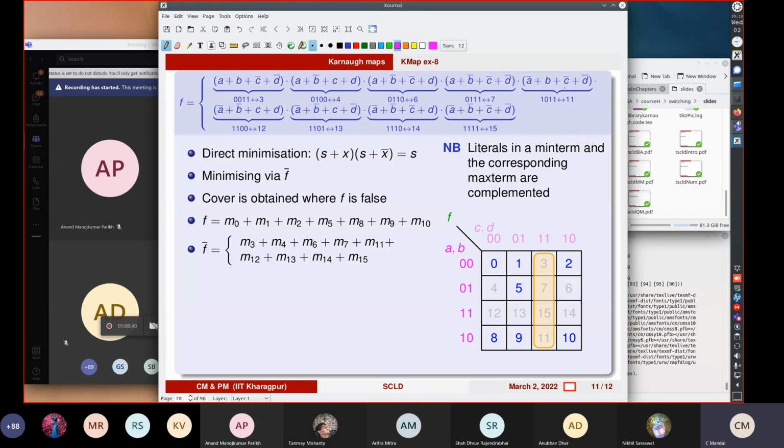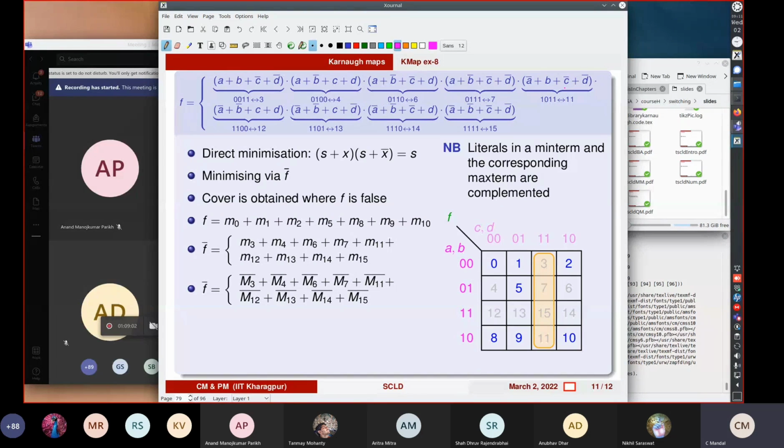I've just taken the complementary min terms. Now, this can be written as a complement of the max terms.